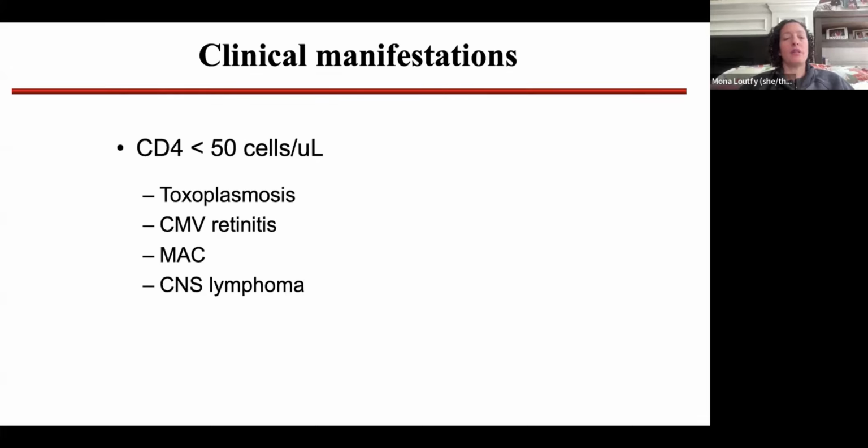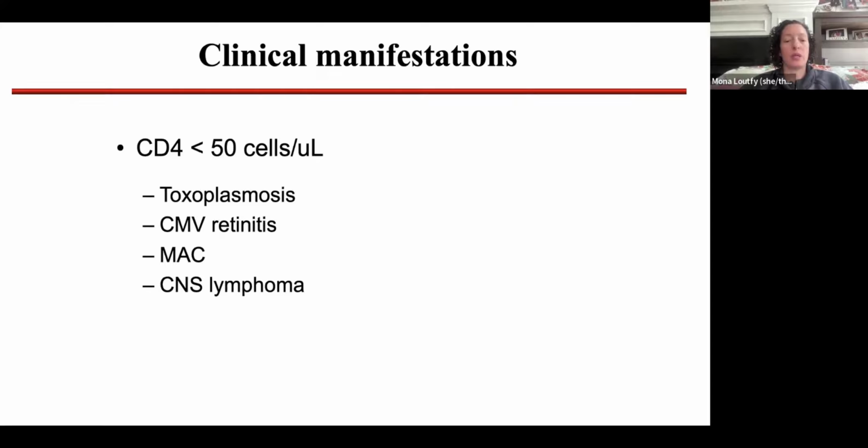A lot of these, it's not that the person gets newly infected. The person's already infected, but with a strong immune system, it doesn't cause disease. So what happens is the CD4 count goes down, the immune system is low enough that these fungi and parasites emerge and become uncontrolled.